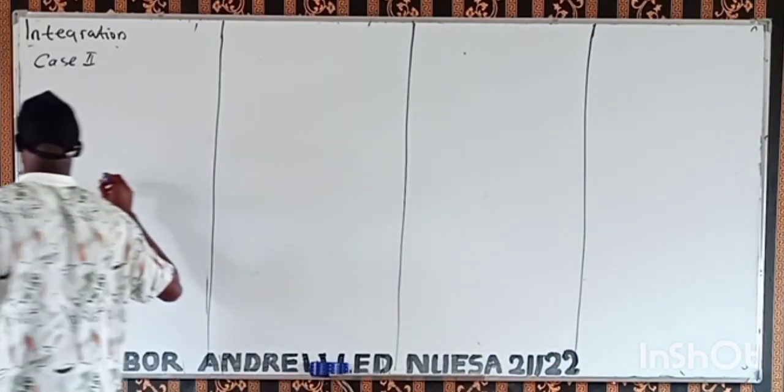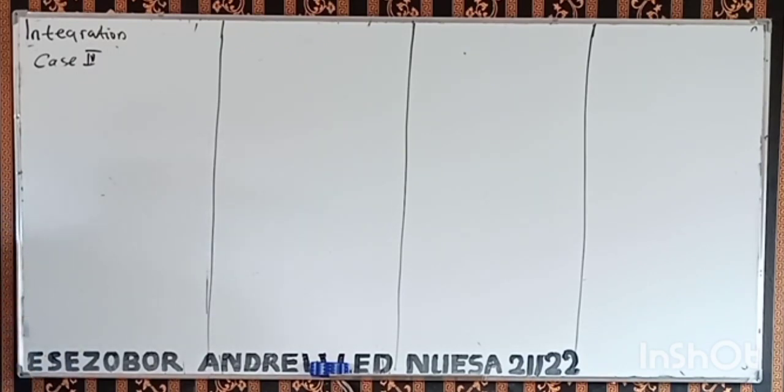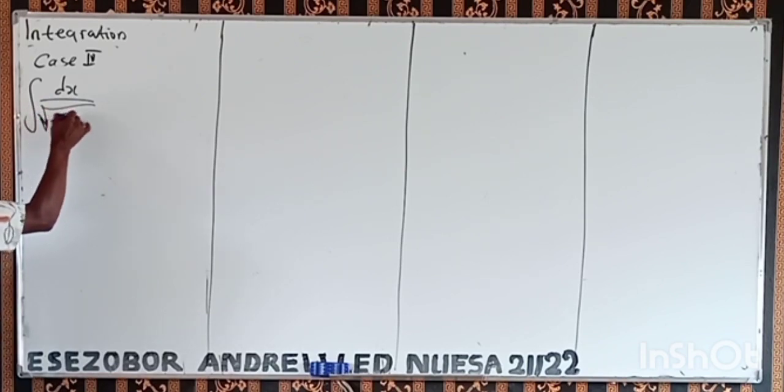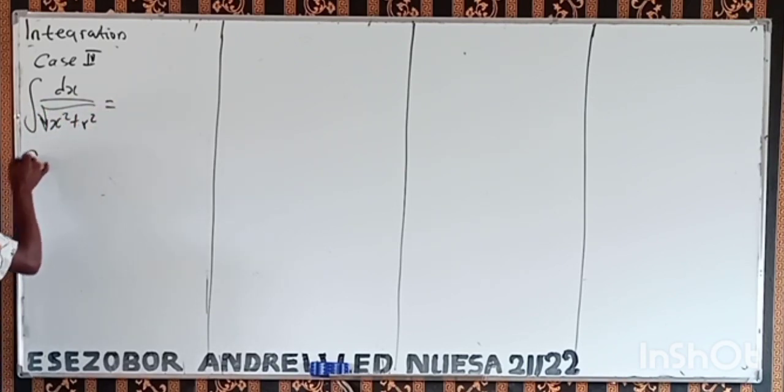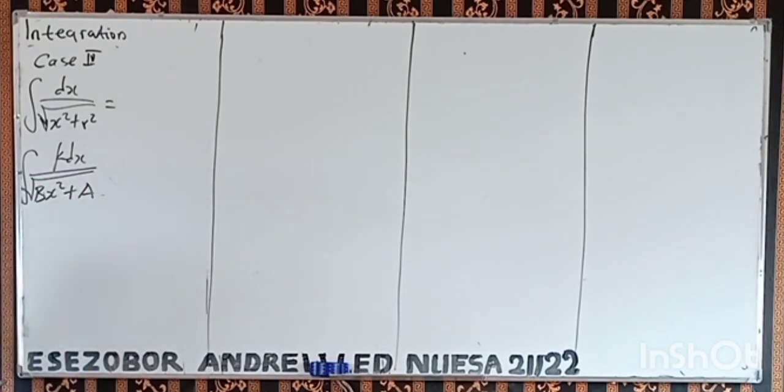So let's say we have case 4. Now case 4. Let's say we now have the integral of ds over the square root of s squared plus r squared, or the integral of k ds all over the square root of b s squared plus a. So we have this.